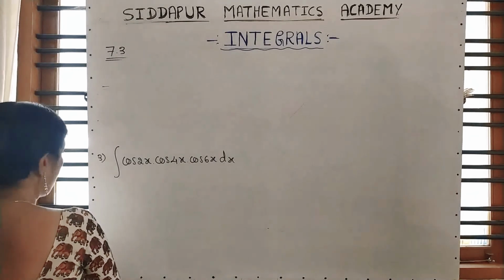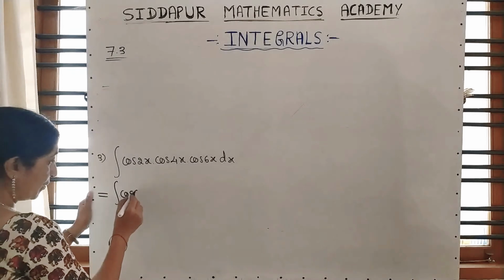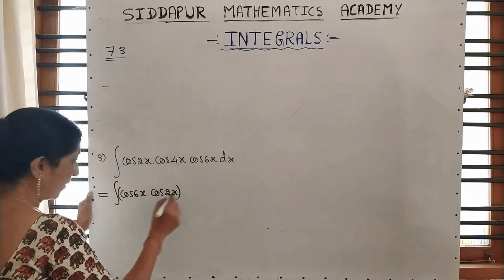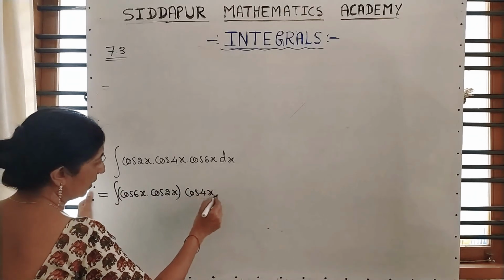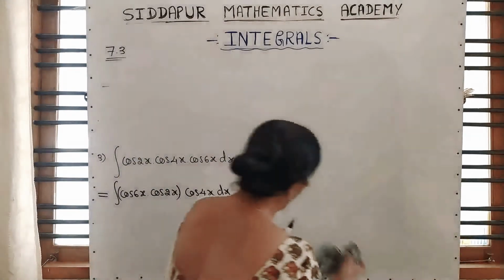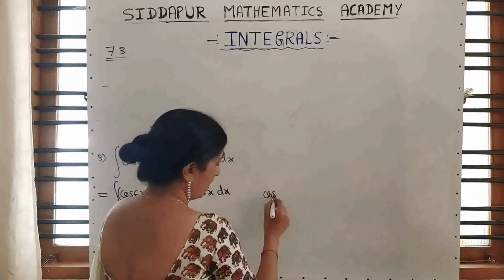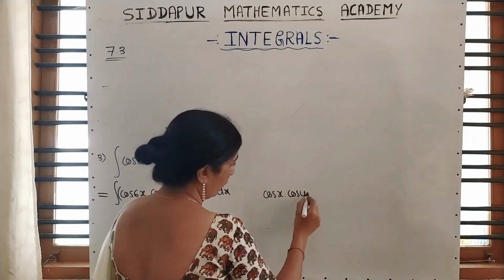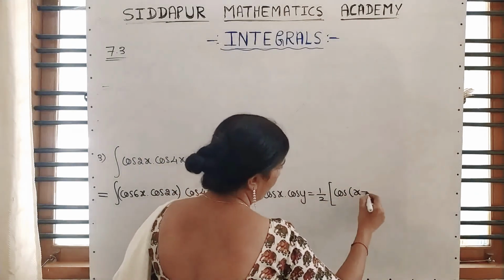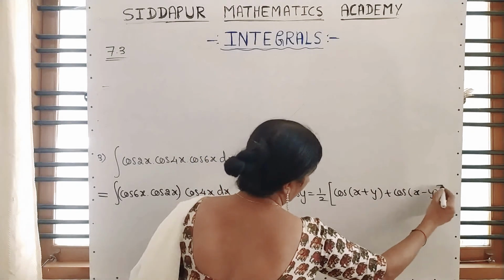So before applying a formula, first I will rearrange this. Cos 6x into cos 2x as one group. Anyhow, it is multiplication, just for our convenience I did the grouping. And what is the cos x into cos y formula, first year formula? Have you remembered that? Cos x into cos y is equal to 1 by 2 (cos of (x plus y) plus cos of (x minus y)).